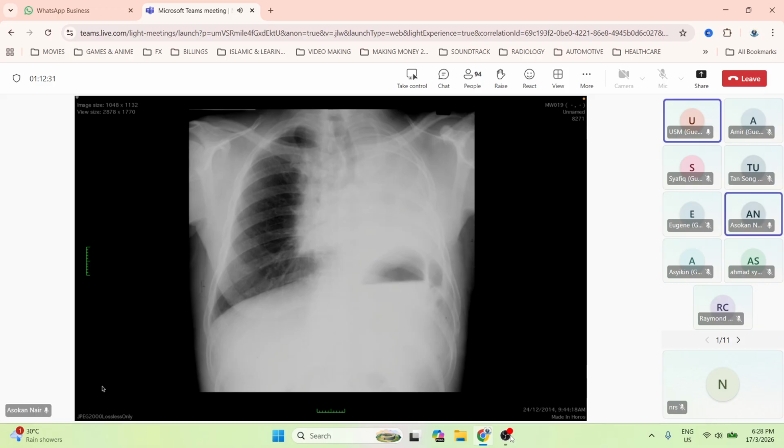What else can it be? So is there loss of volume in the left lung? Yes, the left hemithorax has loss of volume. What can cause loss of volume? You say collapse, yes, what else? Massive consolidation, severe pneumonia.